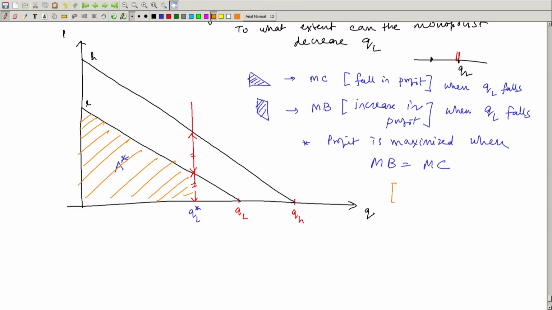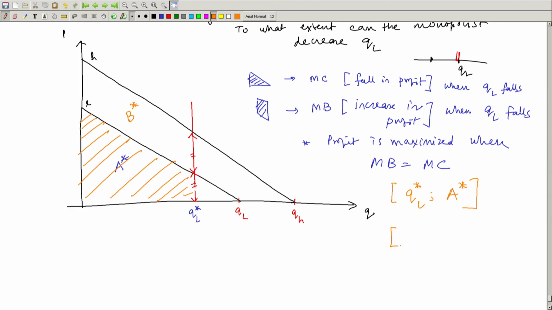So, essentially I will offer QL star units to the low type consumer and I will charge a fee which is equal to A star. The willingness to pay for these QL star units for the H type is going to be A star plus B star, let us say. So, the H type would get a surplus of B star from choosing this unit.